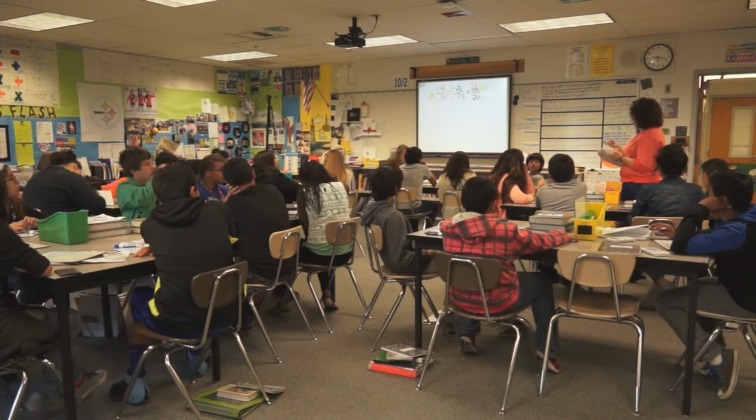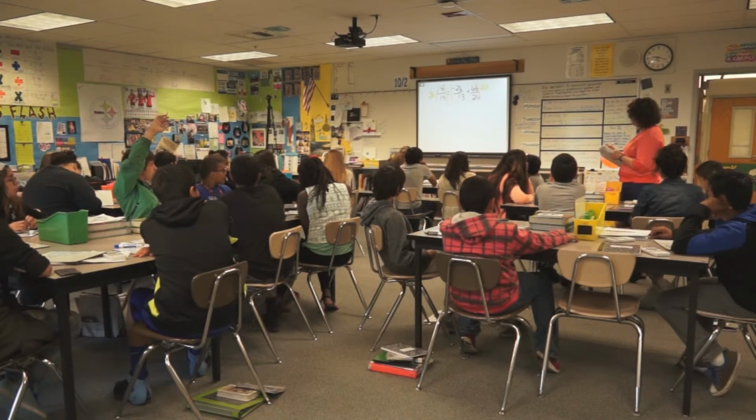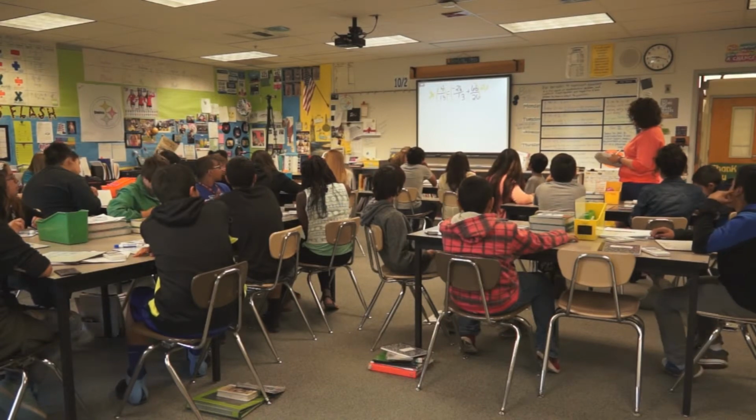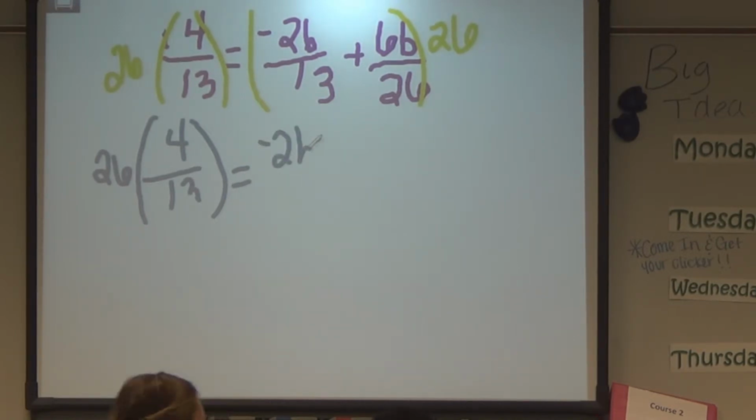Because I haven't got there yet. But wouldn't you do that first? I'm going to pull them apart right now, sweetie. Do you want me to show you? So I'm going to pull this one down, that was 4 over 13. We're going to pull it apart for the distributive property, multiplied by 26, negative 2b over 13.